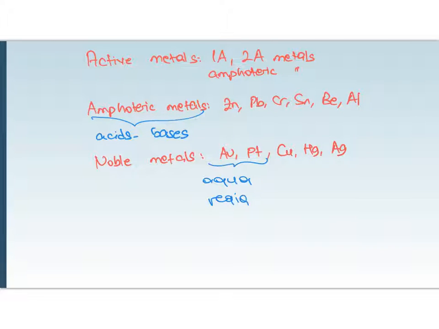Remember, it was synthesized by Jabir bin Hayyan. And these are, let's say, half noble metals. They can only give reaction with the strong acids containing an oxygen atom. It can be hydrogen sulfate, hydrogen perchlorate, or nitric acid.